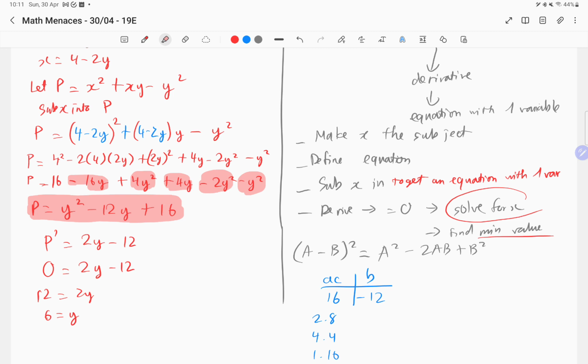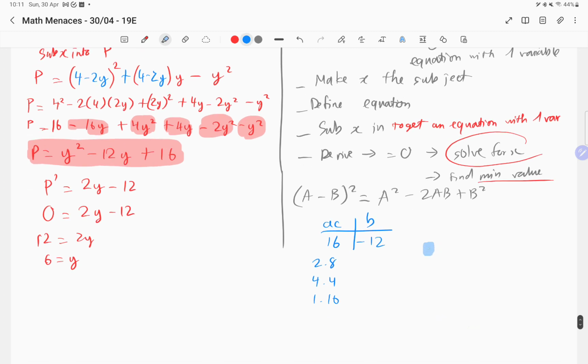And how do you know? Charlie, is this concave up or down? Down. Why? Because it's the minimum value and it's a positive y squared. Not quite. If they ask for minimum value, it's concave up. Oh yeah, that's what I meant. Yes, because it asks for minimum value.